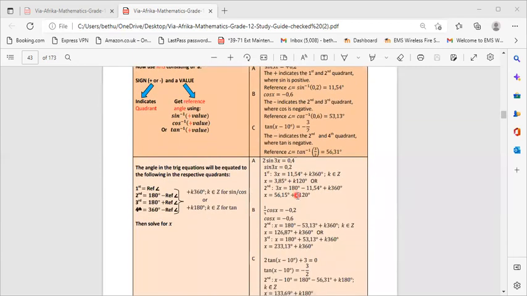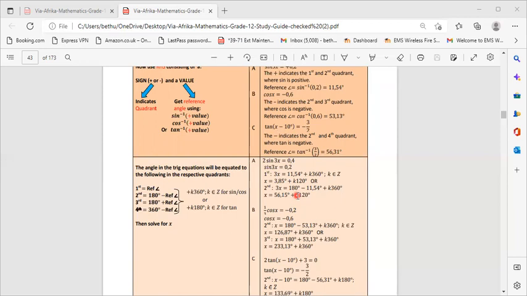Next step, as I've mentioned previously, sine is positive in the first and where? The second quadrant. In the first quadrant, we have theta only as the reference angle. And then in the second quadrant, we have 180 degrees minus the reference angle.